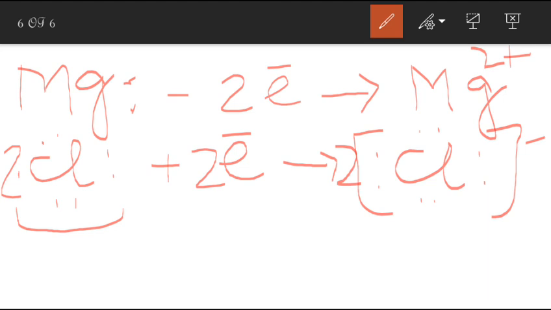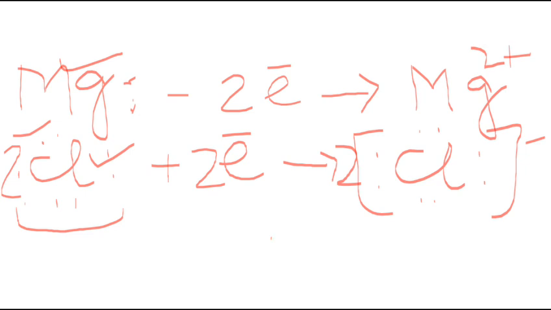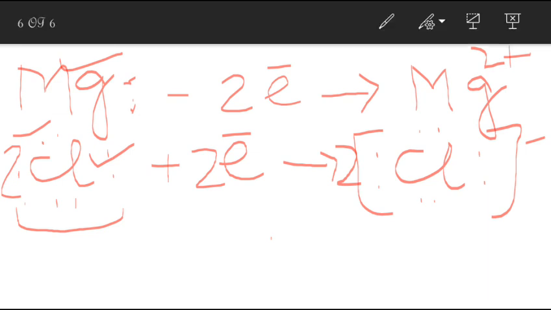So in order to balance this ionic reaction, the number of chlorine atoms that will react with the magnesium will be 2. I will show you the mechanism by which magnesium will transfer its 2 electrons to the 2 chlorine atoms.